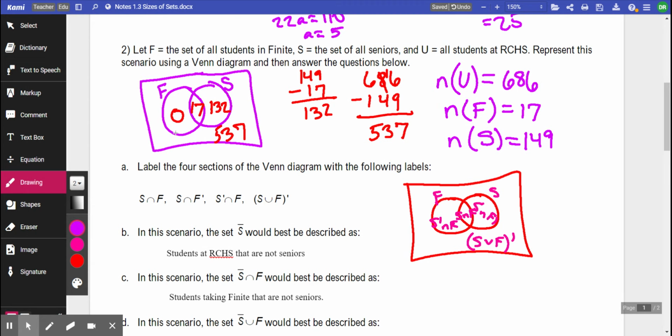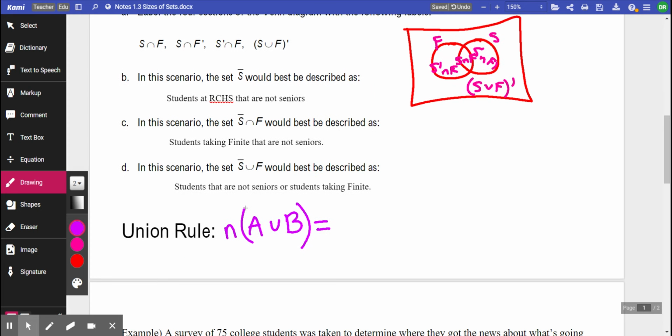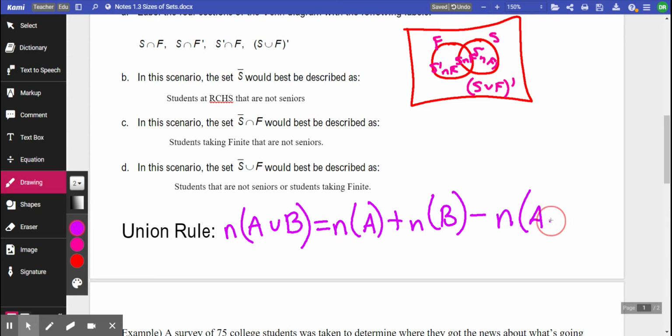If we take the number of elements in our first set plus the number of elements in our second set and then subtract the overlap, we can't have it count twice. So that's going to be the number of elements in set A plus the number of elements in set B. But since that overlap would be in both of these, we'd have to get rid of it one time. So then it only counts once.